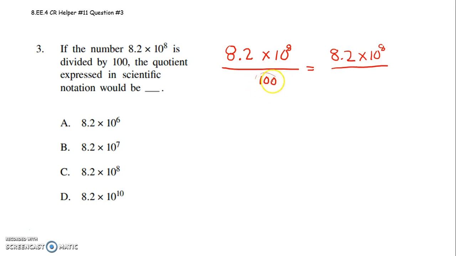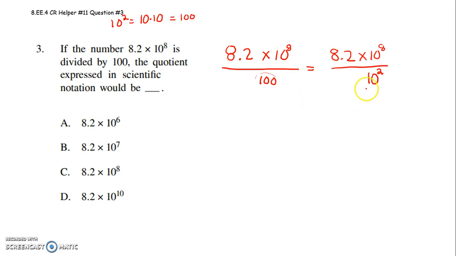I can make 100 into a power of 10. If I put a base of 10, I know 10 to the second is 100. 10 times 10, or 10 to the second power, is exactly the same as 100.